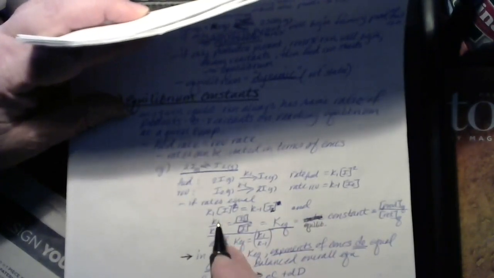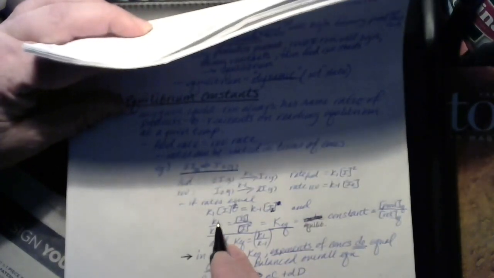And if you want to segregate the rate constants and the concentrations by themselves, we end up with the rate constant for the forward reaction over the rate constant for the reverse reaction, that's K1 over K minus 1, equal to the concentration of I2 over the concentration of I squared. That's just how the algebra works out. And that is what's known as the equilibrium constant for the reaction.